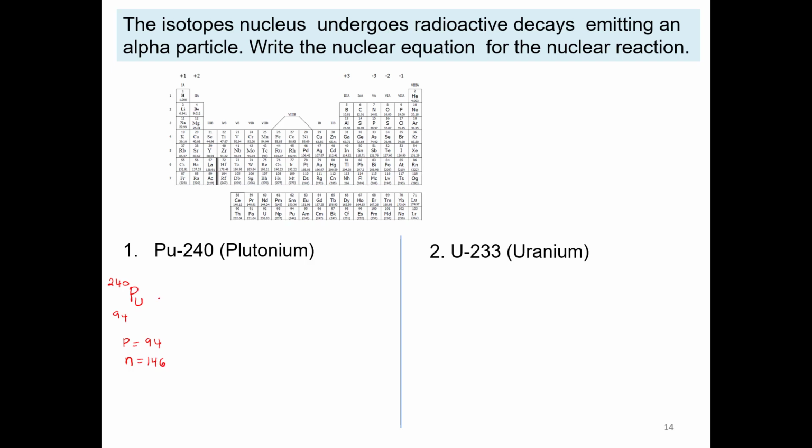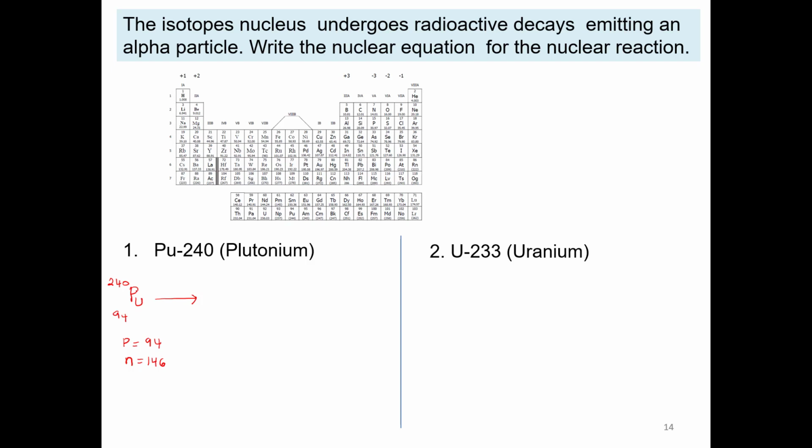What happens is, if this isotope decays emitting an alpha particle, remember it is emitting 2 protons and 2 neutrons.